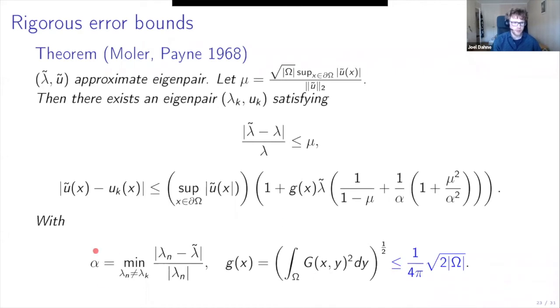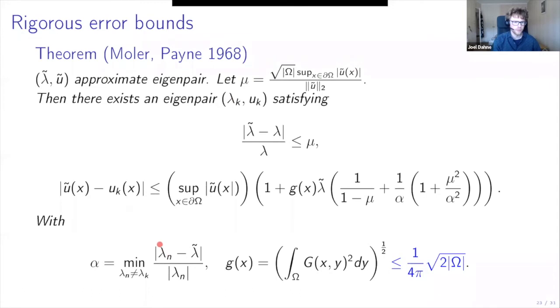Maybe more annoying is this alpha. Alpha is the distance from our approximate lambda to the other nearest eigenvalue, which is not lambda_k.